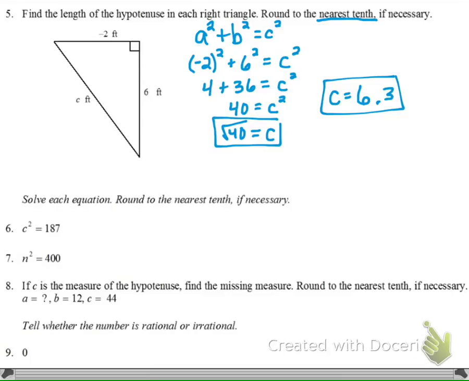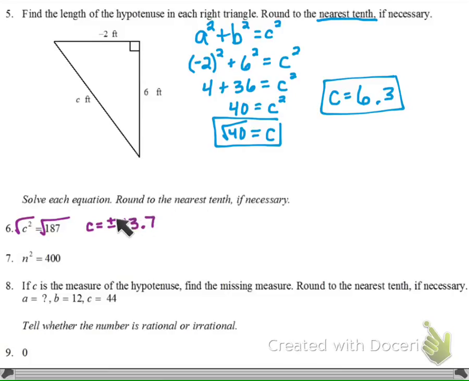Alright, now number 6 and number 7 are very simple because they're an algebraic equation and there's only one thing to get rid of on both of them, and that's a square. Well, how do we get rid of a square? We square root. Okay, so on number 6 I have to take the square root of both sides, and that gives me C equals plus or minus 13.7 because it said to round to the nearest tenth.